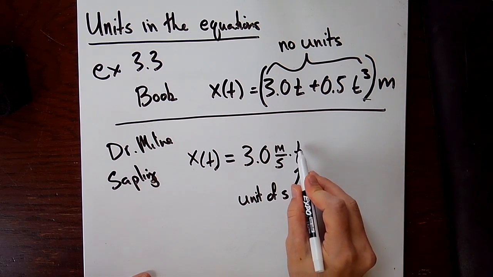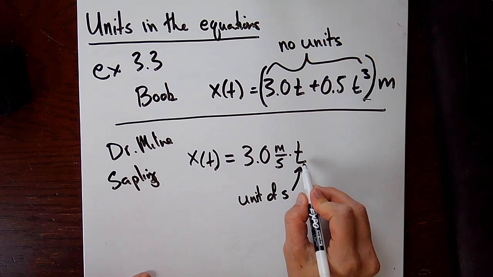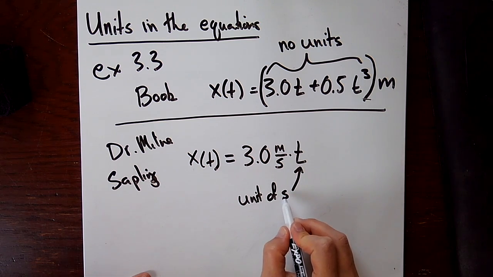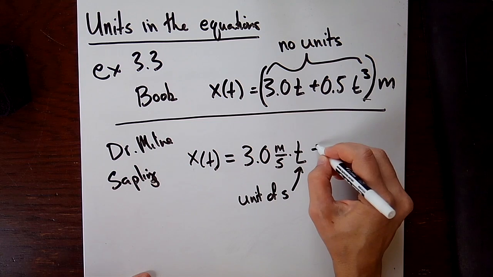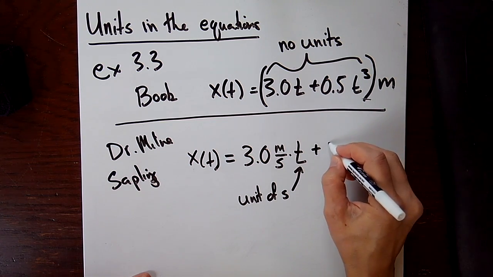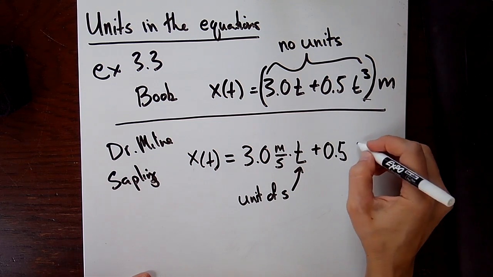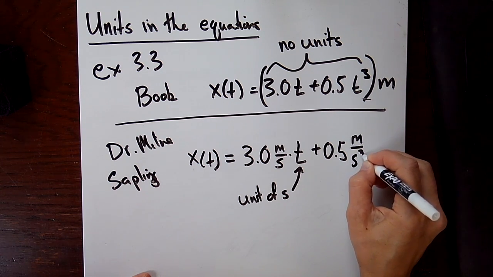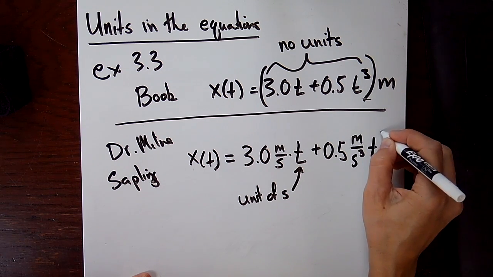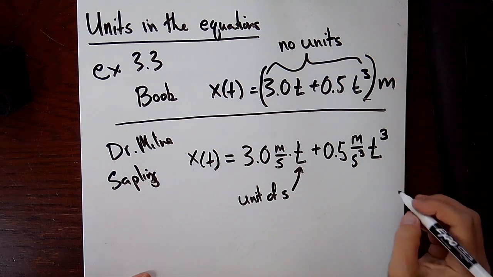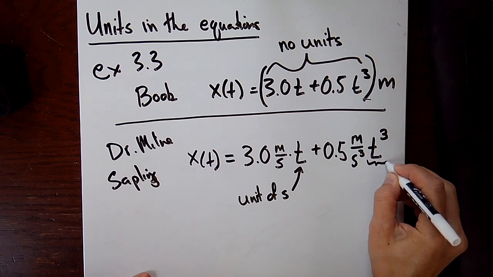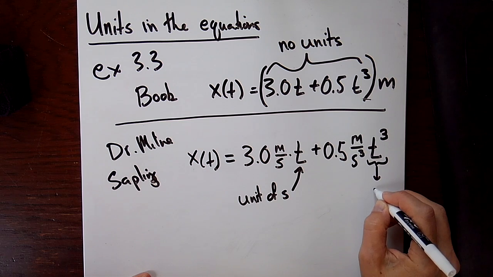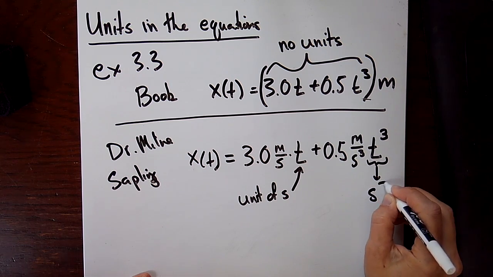That would be implied in the fact that this is the variable standing for time, which has units of seconds. And then this quantity would have units of meters over seconds to the third. And then it would be t to the third.